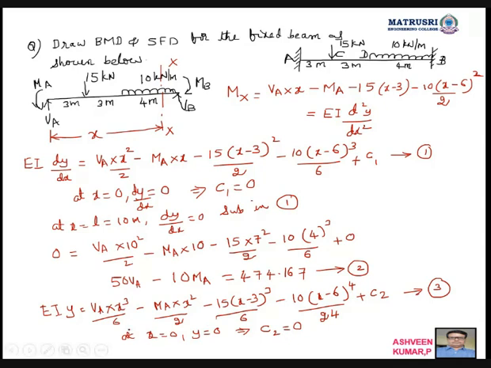Then what is the other condition? The other condition is at x is equal to L. So at x is equal to L, how many meters? That is 10 meters, y is equal to 0. Substitute in equation number 3.